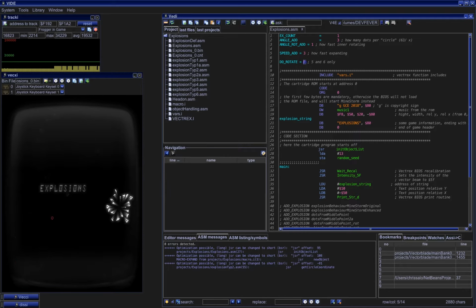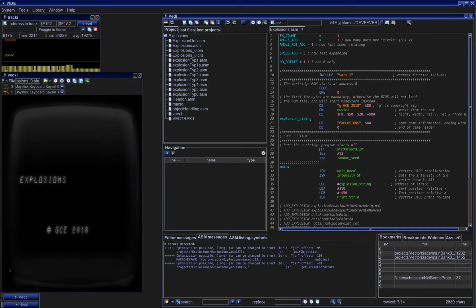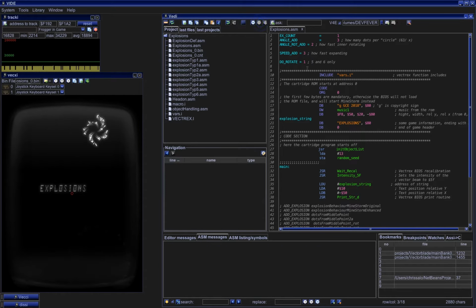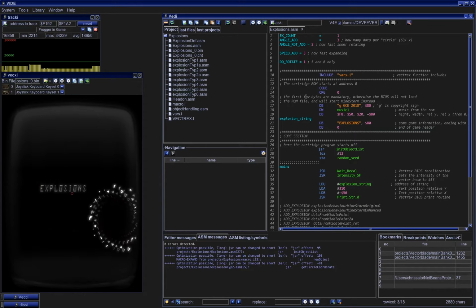You can also switch for the last two, explosion types 5 and 6, the inner rotation on and off with this, do rotate. Where it looks spirally, and you can change the speed of the rotation also, the inner rotation that is, and it looks confusing after a while, I think.